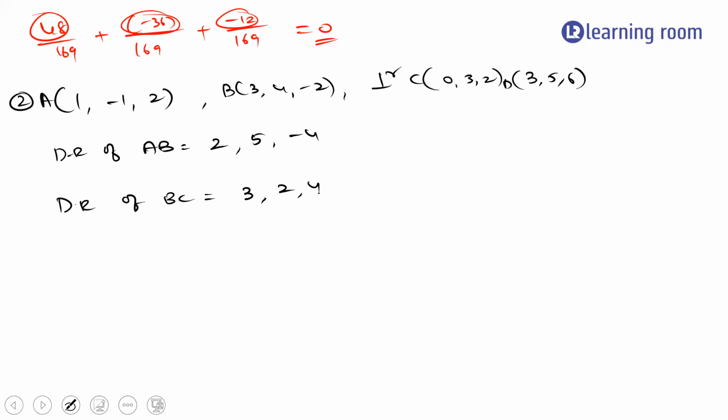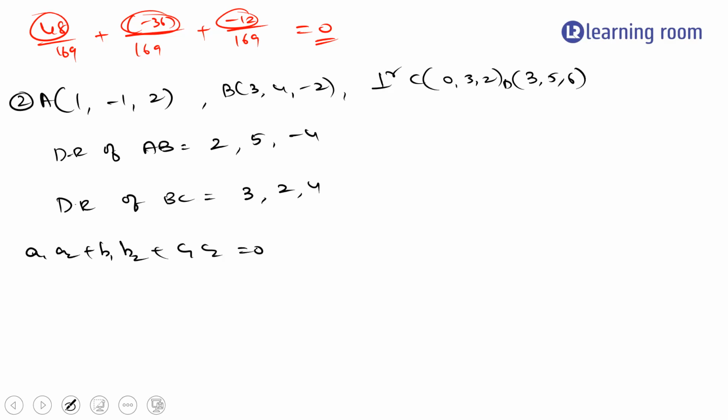So if you know the direction ratios of the two lines, how do you find the angle between them? Cos theta is equal to A1 A2 plus B1 B2 plus C1 C2 by root of A1 square plus B1 square plus C1 square, and so on. But the question asks us to prove that they are perpendicular. So when they are perpendicular, cos theta will be 0. So A1 A2 plus B1 B2 plus C1 C2 is equal to 0.